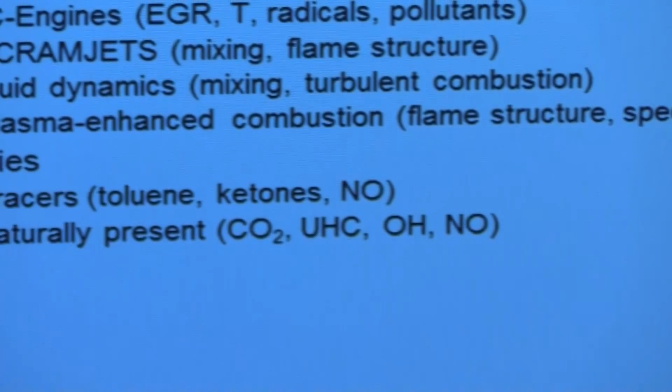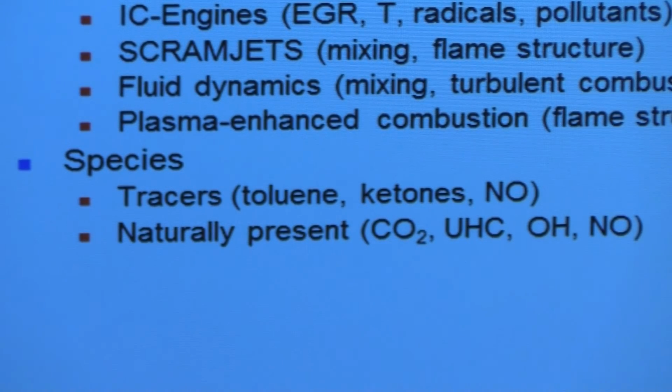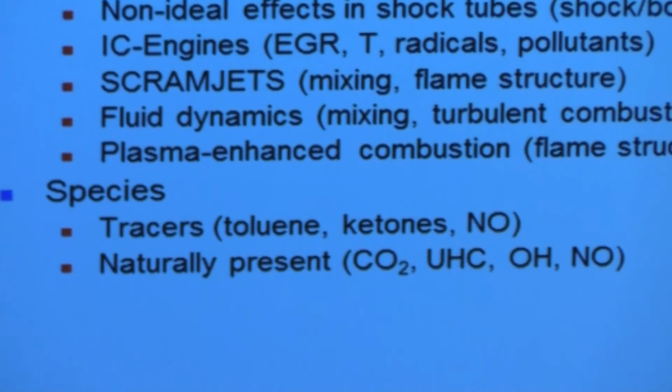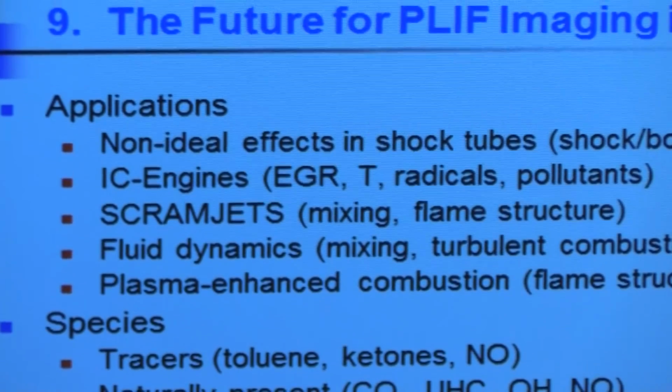So there's a lot of tracers that we could use, toluene, ketones. People always ask, what's a good tracer for high temperature gas? Well, that's a good question. We've used NO, but the complication of NO is that we have to use two lasers. You'd like to use things that are naturally present, not have to add anything. So that's why we worked on CO2 for the infrared.